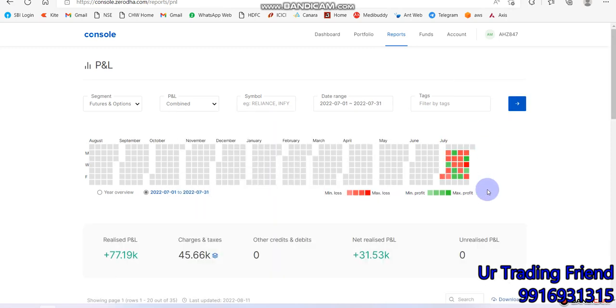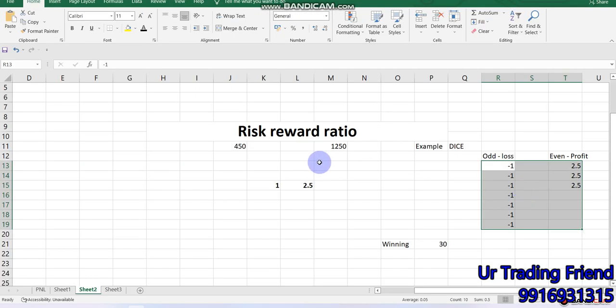This is what I wanted to explain, how we can have a better risk reward ratio and easily overcome the drawdowns. This is the risk reward ratio method which I adopt in my strategies. Be flexible and try to understand this concept. If you are not following these things, you can contact me anytime.